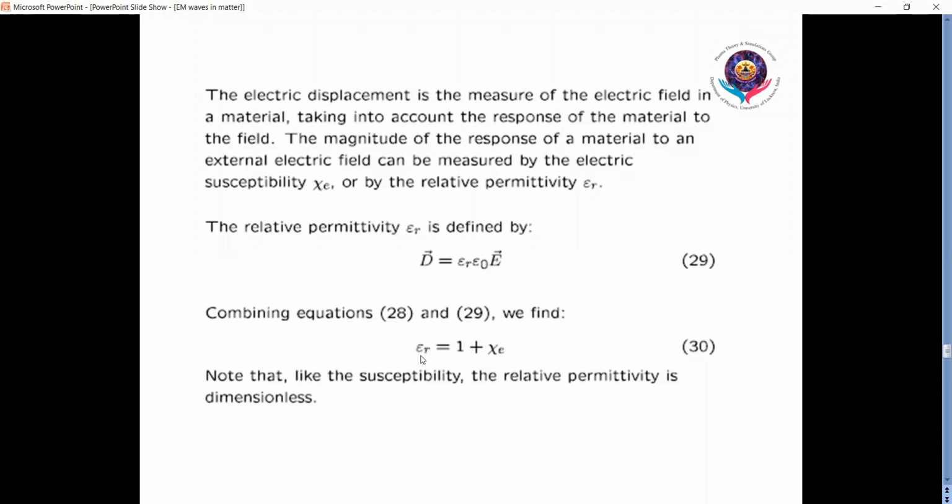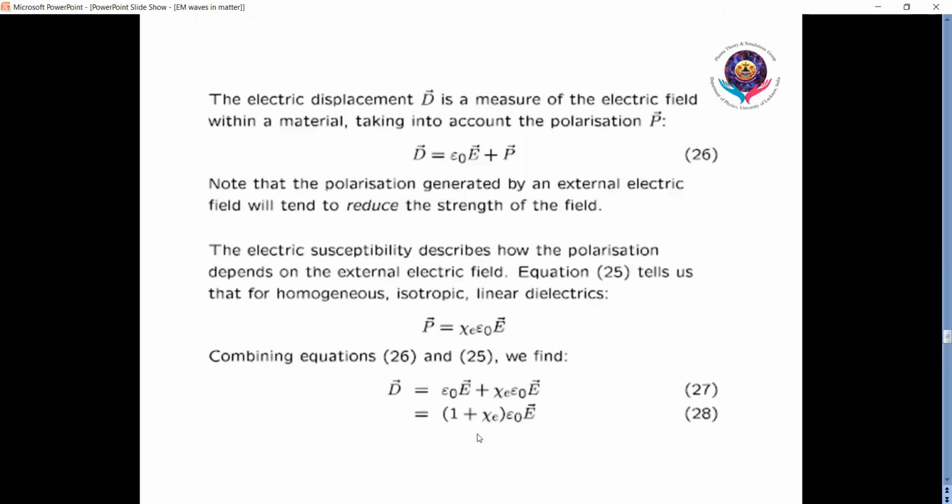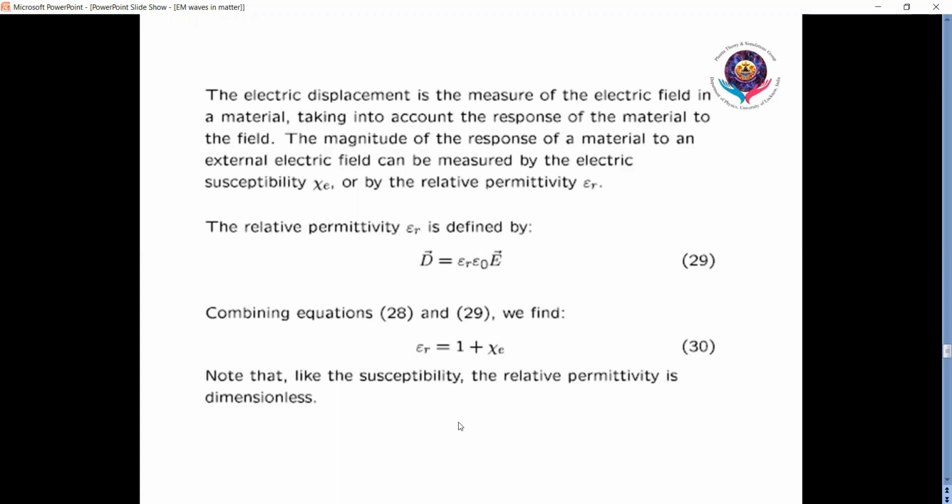And these two are related by this expression. The susceptibility and the relative permittivity are related by this expression. These are only mathematical concepts. This is the equation. We define this quantity as the relative permittivity. And this is a dimensionless quantity.